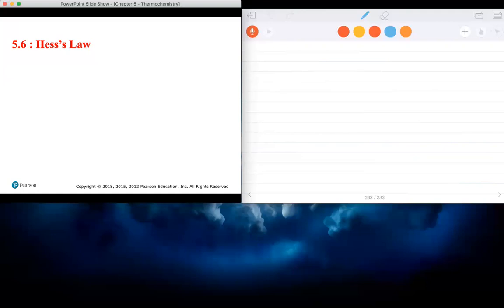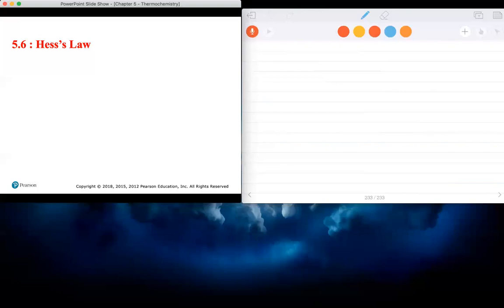However, there are some reactions which are so complex that it is not possible to use either thermodynamic terms given in the text or the pump calorimeter or the coffee cup calorimeter for that matter.